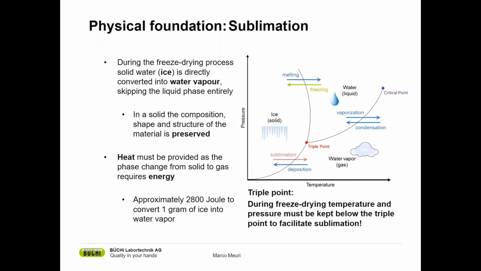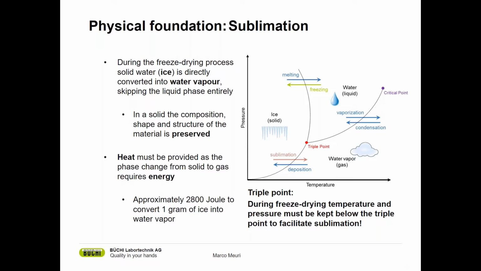And how we can achieve that is by reducing the pressure and reducing, therefore, also the temperature of the sample to a lower level. For this to happen, the conditions need to be below the triple point of water, so the pressure definitely needs to be below 6 millibars and the temperature will be at 0 degrees or lower. This is a process that is happening at rather cold temperatures, but still there's a common misunderstanding.